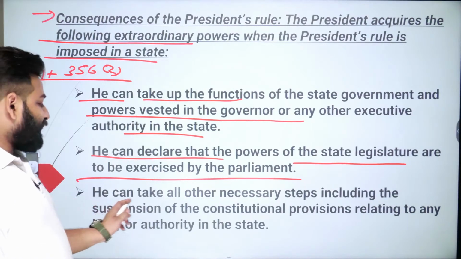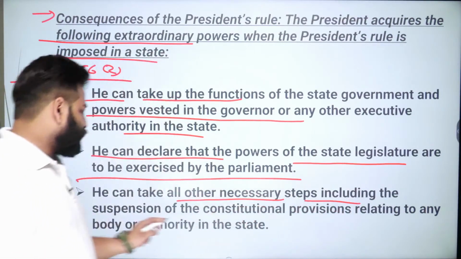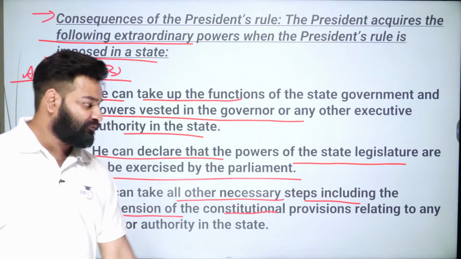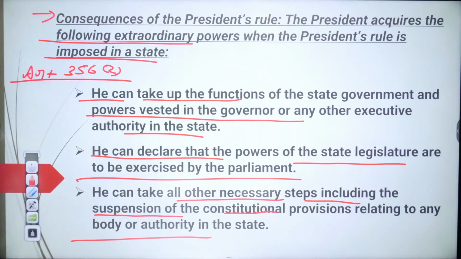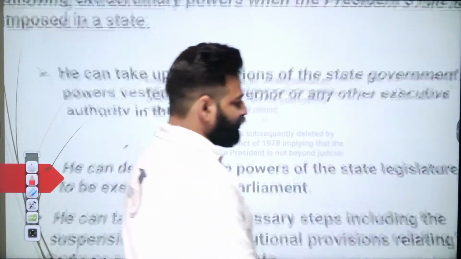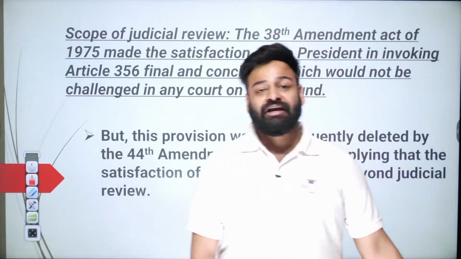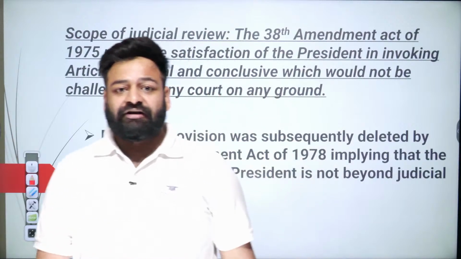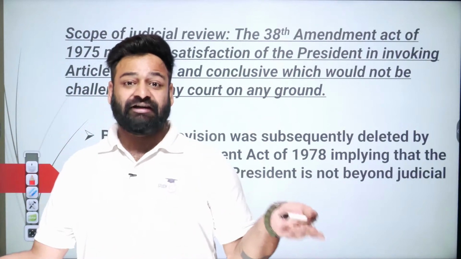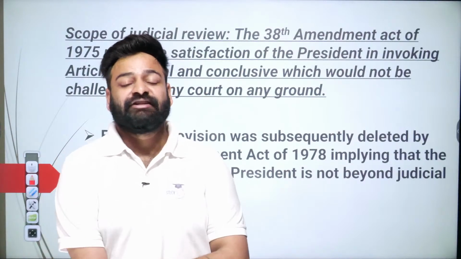Third, can take all other necessary steps including the suspension of the constitutional provisions relating to any body or authority in the state. So basically all the executive and legislative functions are taken up by the president. Technically by the parliament, but in exercise by the president.